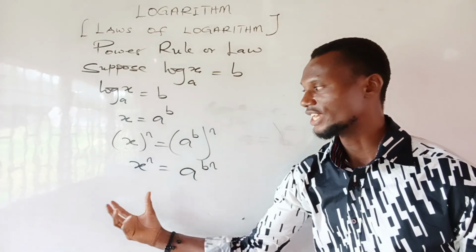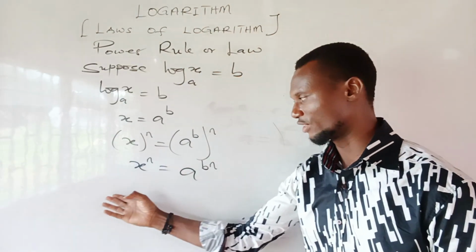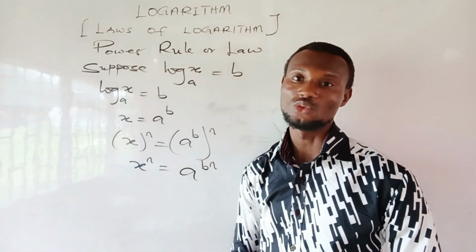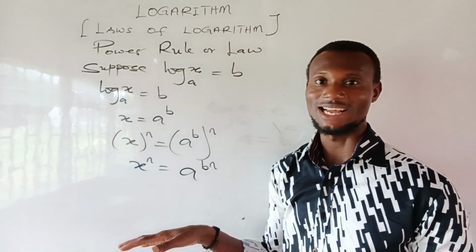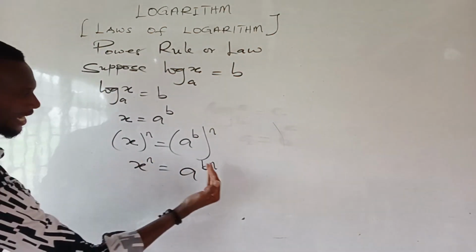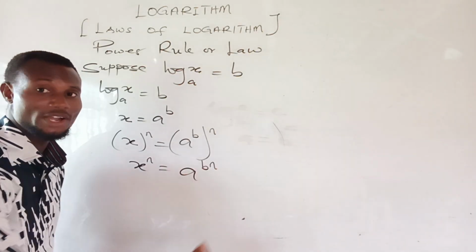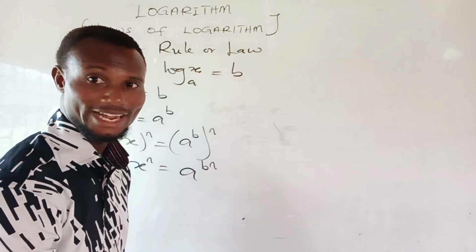So we need to introduce the log here. How do you introduce the log into this equation? We just need to take log of both sides of the equation, as simple as that. So I'll take log of this side and also take log of this side. Whatever you do to the left hand side, you do the same thing to the right hand side as well.